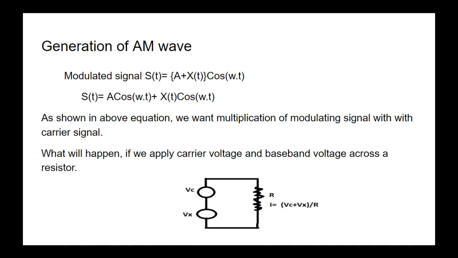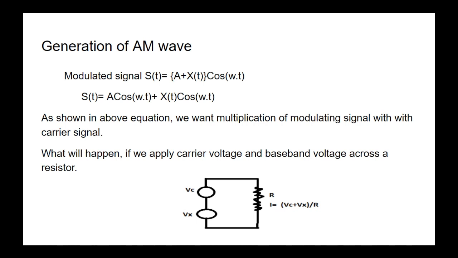In another form, s(t) is equal to A cos ωt plus x(t) cos ωt. As shown in the above equation, we want multiplication of the modulating signal with the carrier signal, and the mathematical equation looks easy, but generating the AM wave is a little bit tricky.